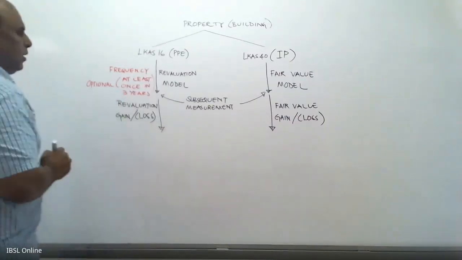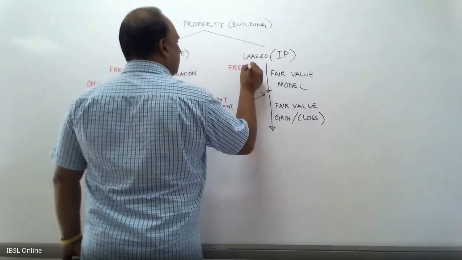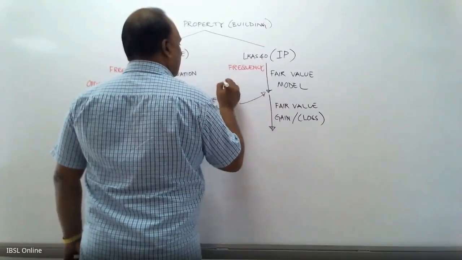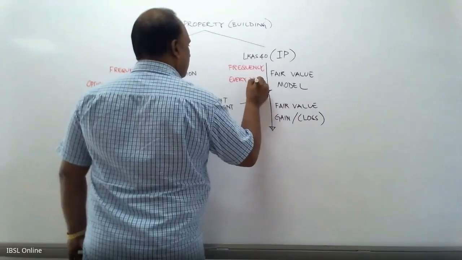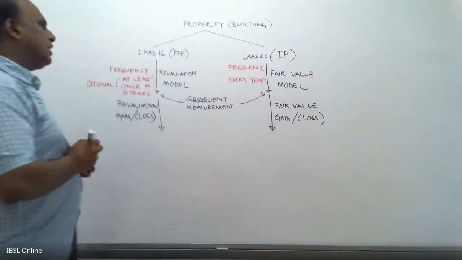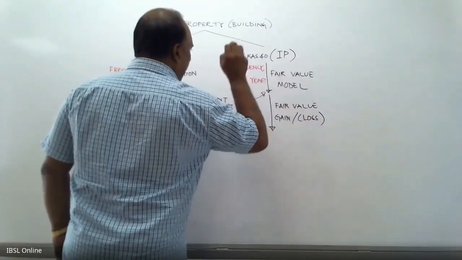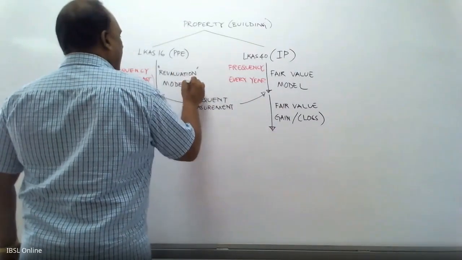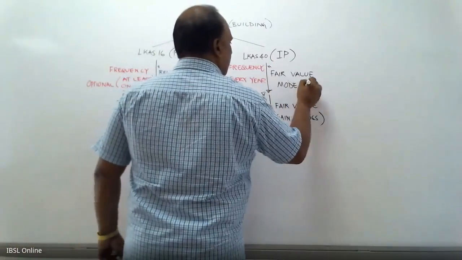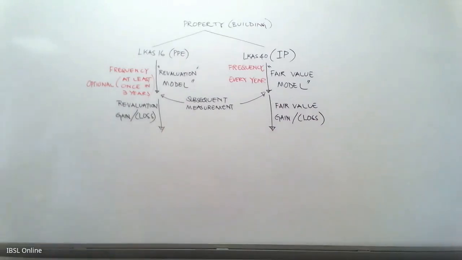Here the frequency is every year. If you classify a property as investment property, and if your subsequent model is to calculate it at the fair value model, then you have to do the fair valuation every year. You can't do it once in 3 years or as and when you want. You have to do it every year.